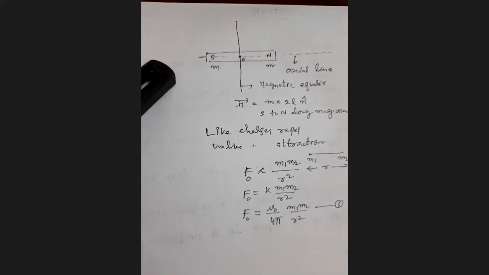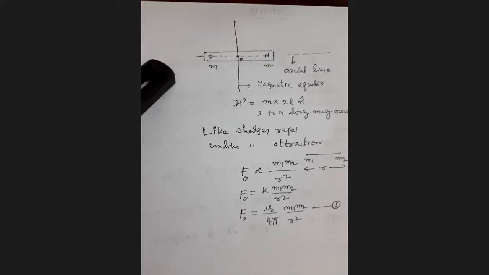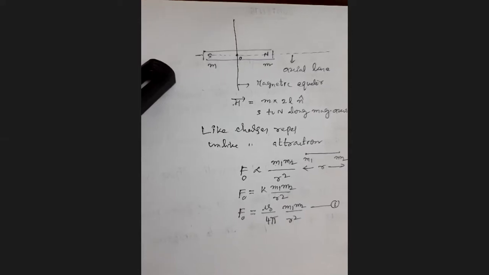This expression represents the force acting between two magnetic poles when they are placed in vacuum or free space. If the magnetic poles are placed in another medium, then the formula is given by Fm equals mu by 4 pi m1 m2 by r square, where mu equals mu naught mu r.